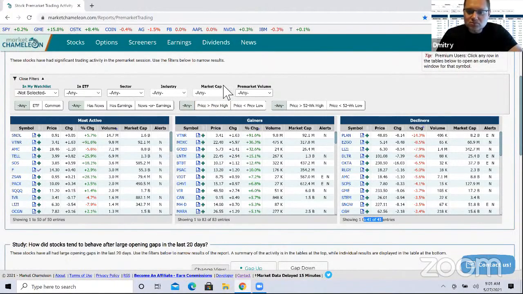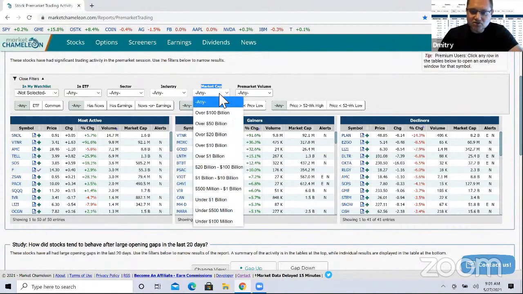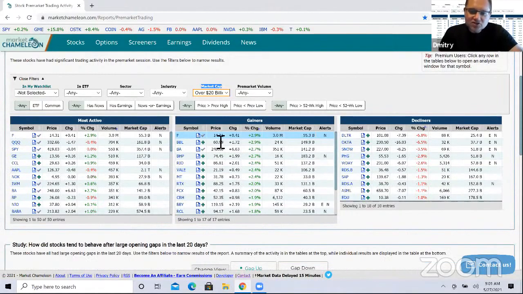I'm going to use this market cap filter just to see what's going on in the higher market cap stocks. So we're going to take a look at market cap 20 billion or higher. So here we got 17 that made the percentage gainers list, 10 on the percentage decliners list. Just this one, Ford sticking out, trading 3 million shares in the pre-market hours, up 2.9%.